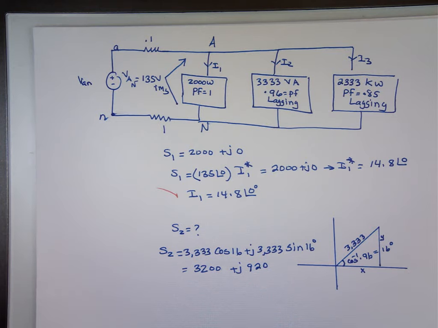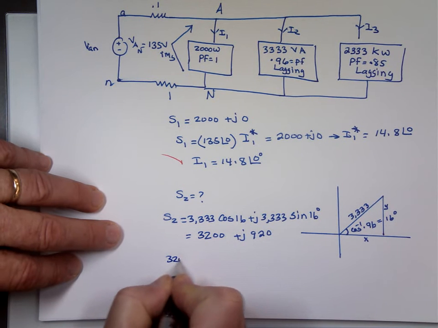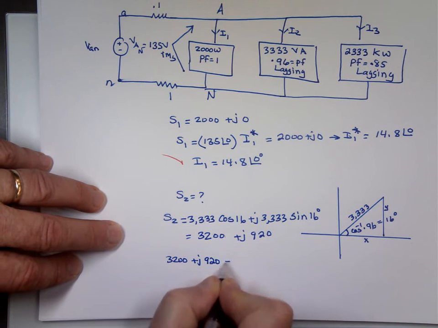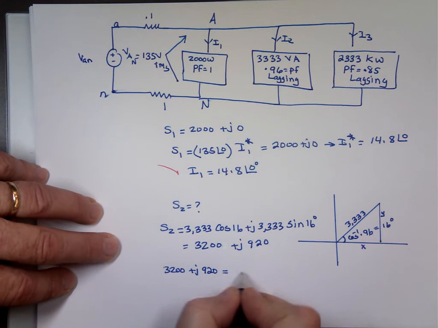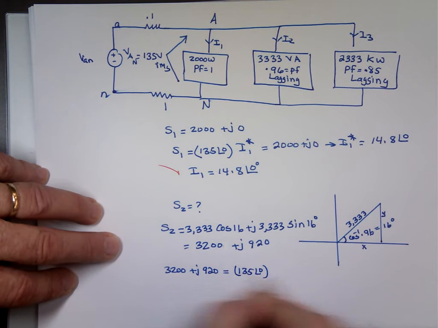So I can now find I sub 2. Again, 3,200 plus J920 equals VRMS, which is 135 angle 0, times I sub 2 conjugate.